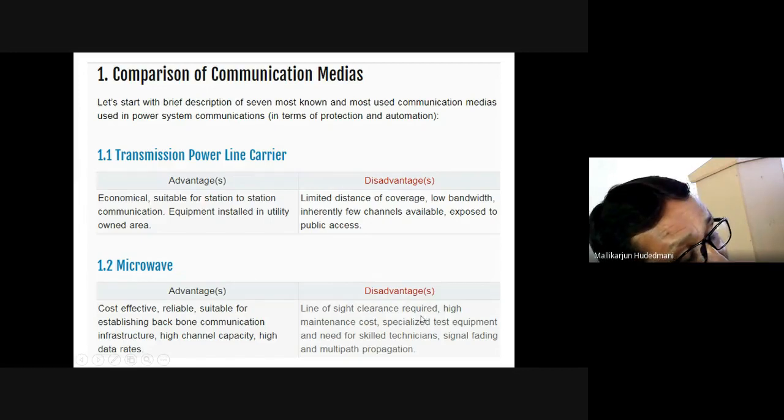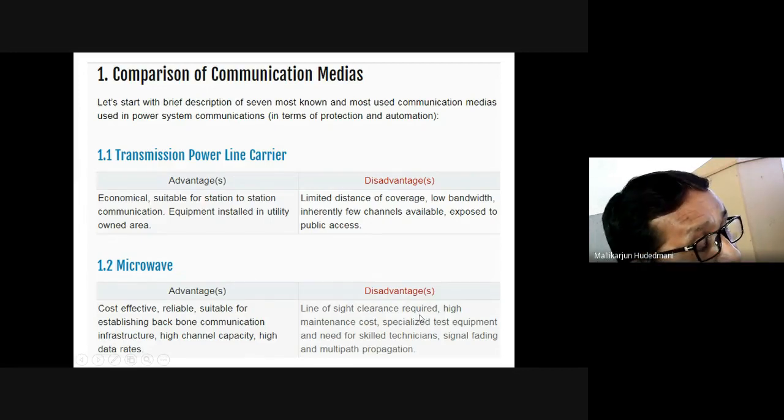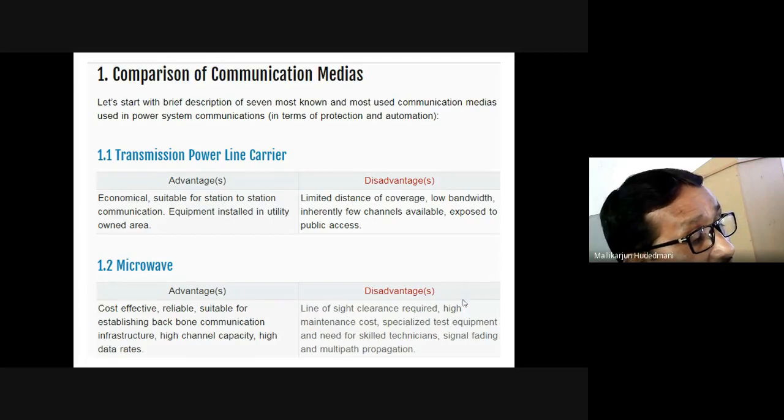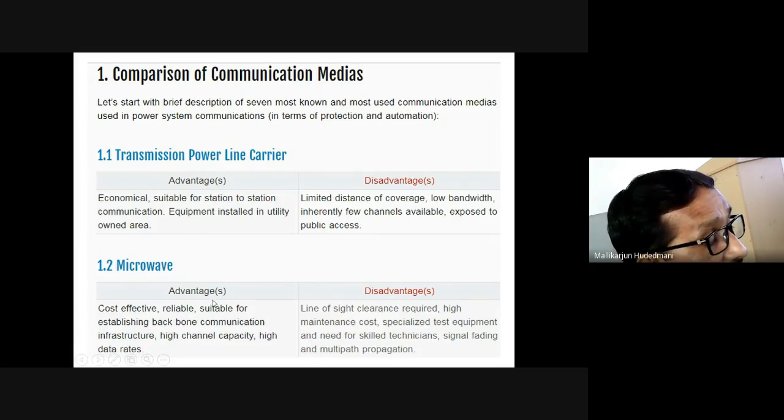There could be a small obstruction due to the coverage of tall buildings or an unclear path in the transmission, shadowing, shift in lines like that. High maintenance cost, because it is equipped with a lot of devices: a microwave transmitter, receiver, and signal coupler.